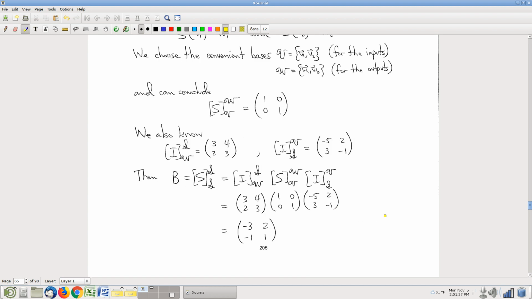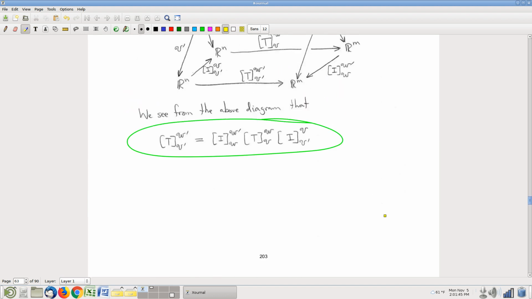Yes, question. You have your linear transformation goes from, let's just say R2 to R3. Won't you end up with a non-square matrix? How would you take the inverse of that? The change of basis won't be, though. So let's look back at our diagram. Now, that's a great question.